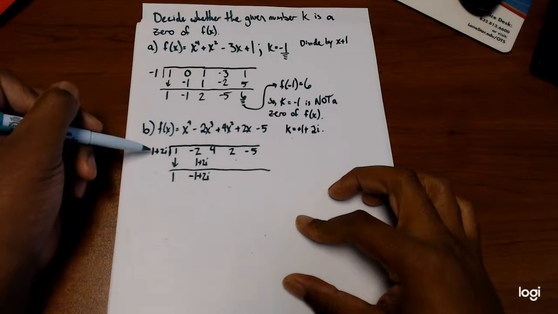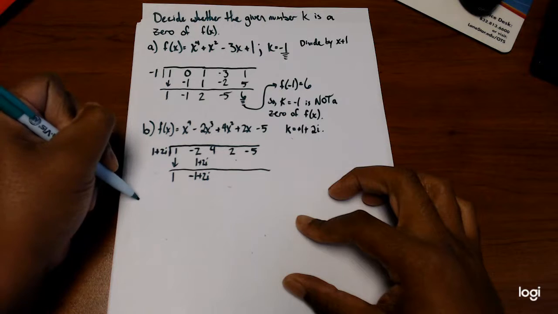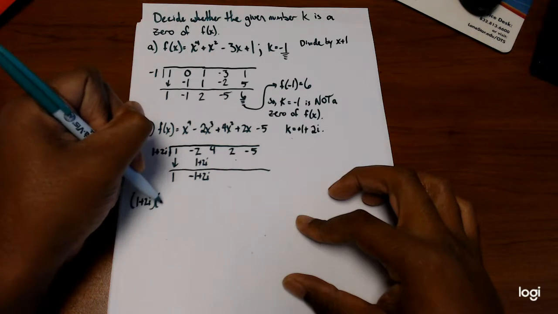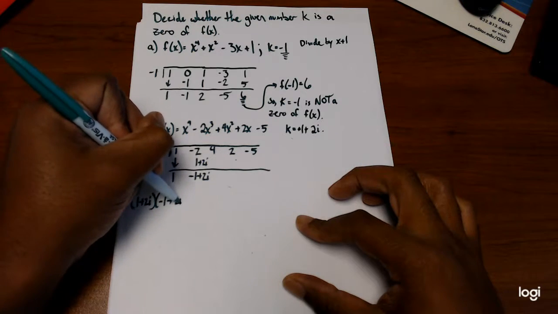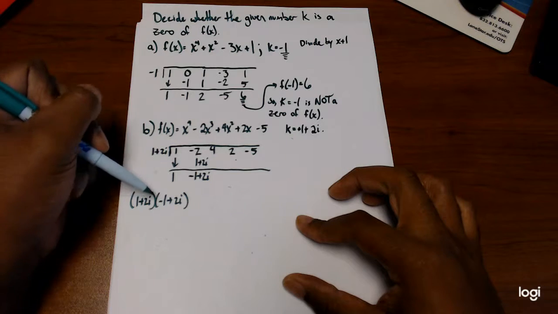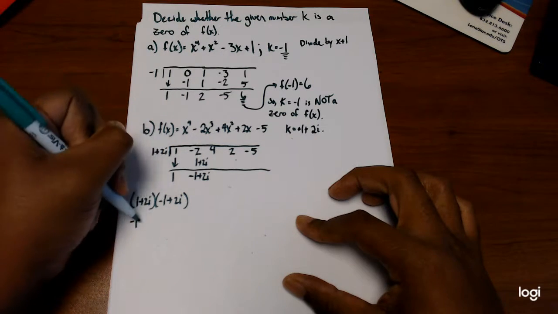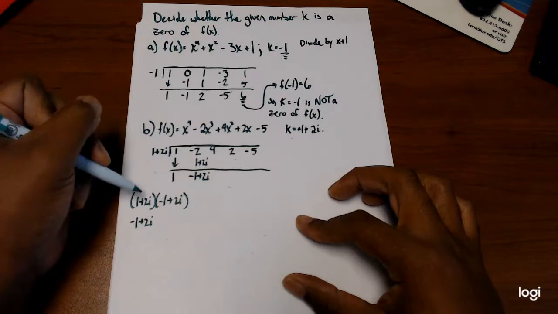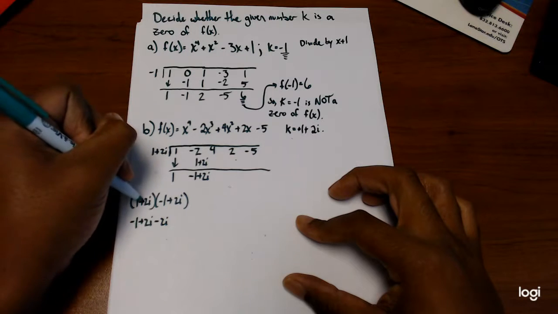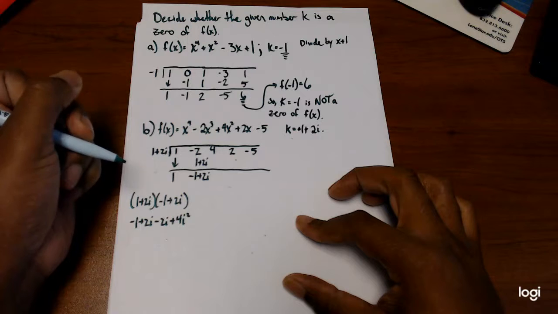You may have to come off to the side to perform the multiplication. So 1 plus 2i times negative 1 plus 2i. We just use the distributive property. So 1 times negative 1 is a negative 1. 1 times 2i is a 2i. 2i times negative 1 is a negative 2i. And 2i times 2i is 4i squared.